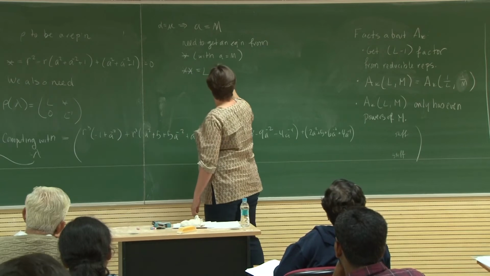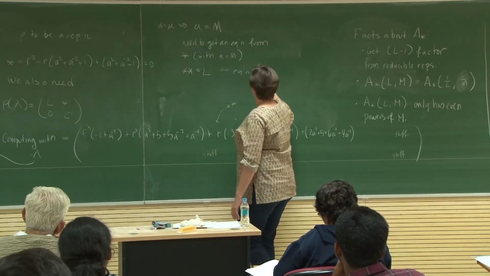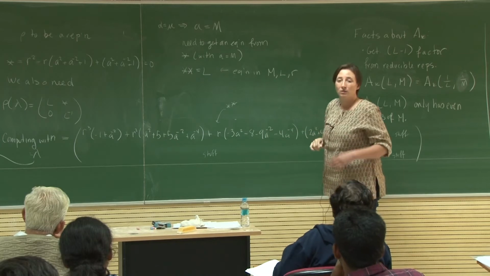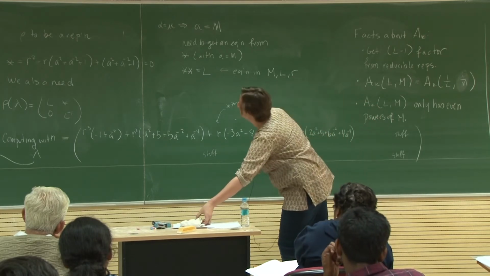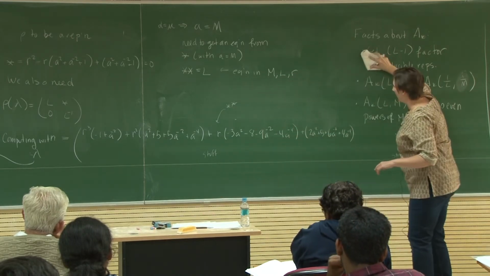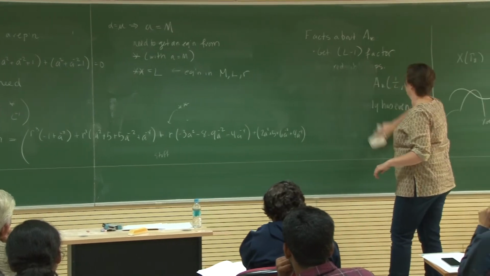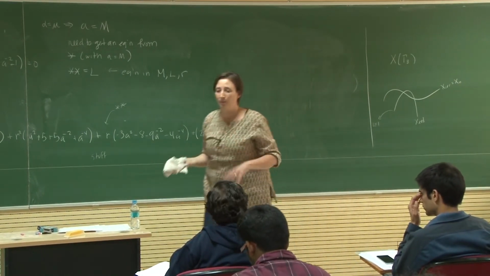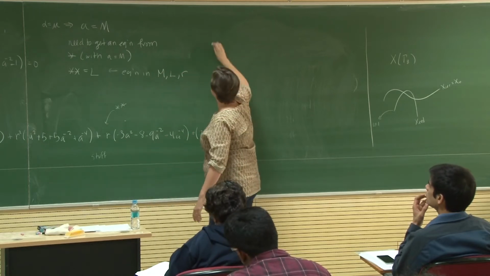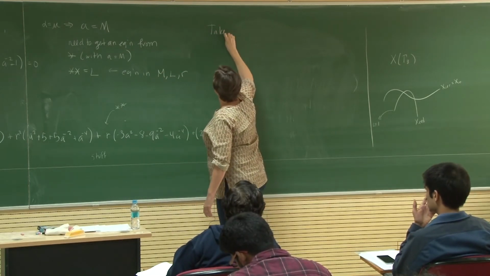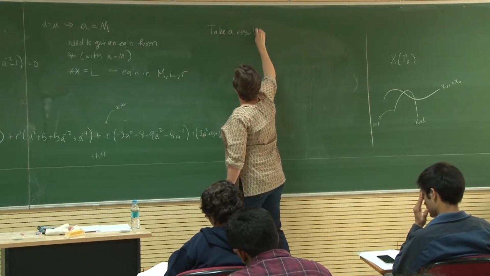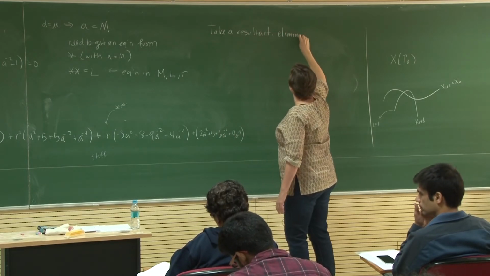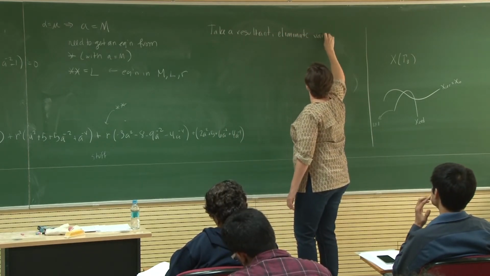And so this is an equation in M, L, and R. So what do we do? Since it's just 2 equations, I could just take a resultant. There are different algebraic ways that you can eliminate variables, but you can take a resultant. And you want to eliminate the variable r.